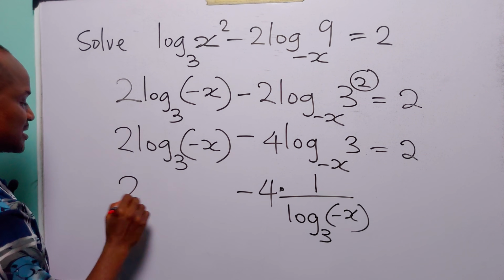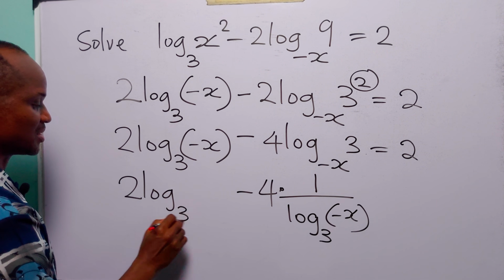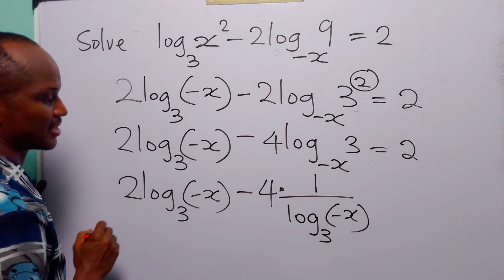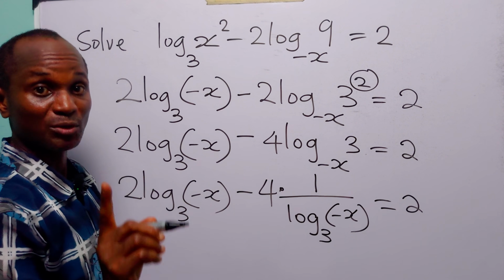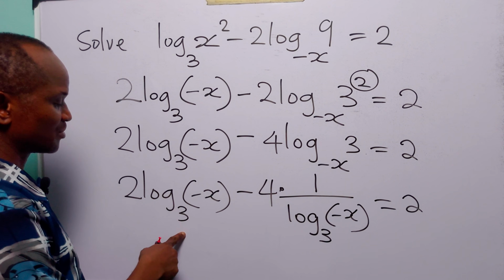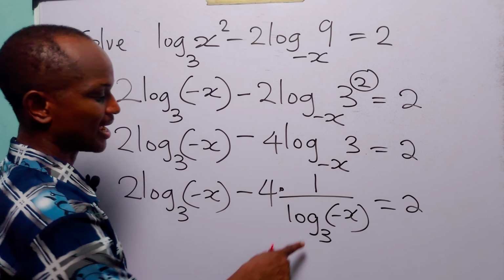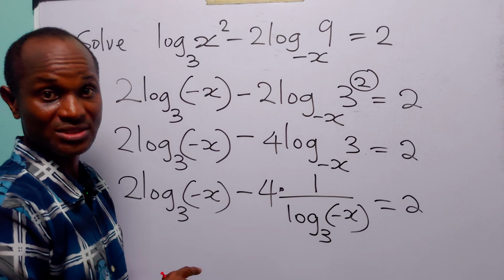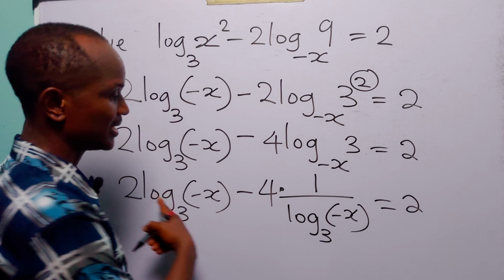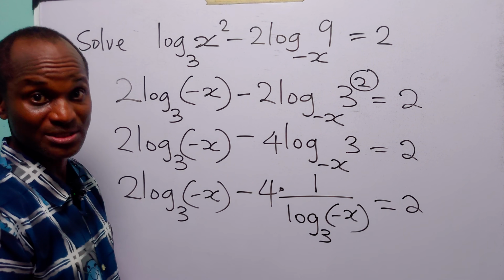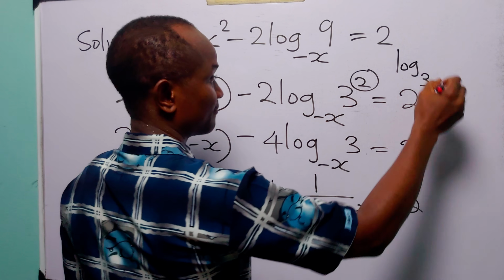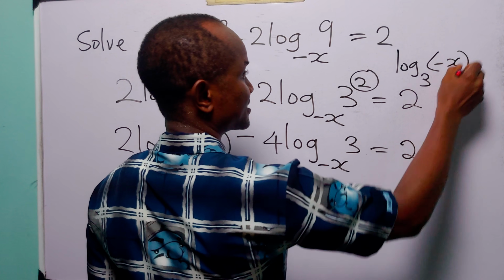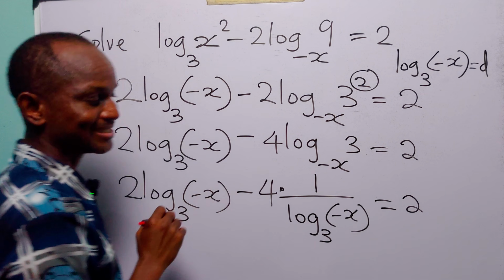Of course, here we still have 2 times log to base 3 of minus x, and everything is still equal to 2. But most importantly, now we have log to base 3 of minus x and log to base 3 of minus x. So to simplify this equation, we do a substitution. Let log to base 3 of minus x be equal to the letter d.